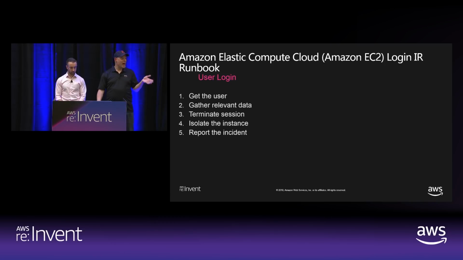When we see that happen within a production environment, part of what we're doing to check and make sure that that is an authorized action is to get a number of bits of information, such as the user, relevant data, maybe even map it back to a known and open ticket associated with an existing maintenance workflow.